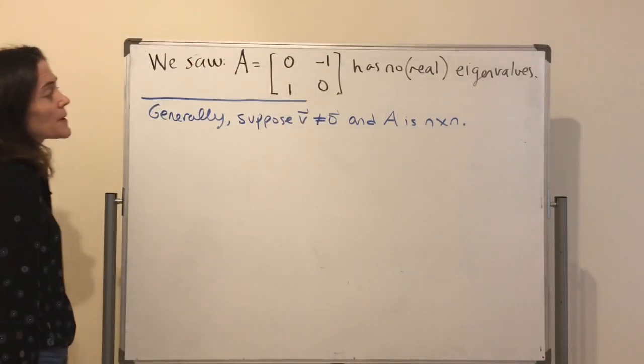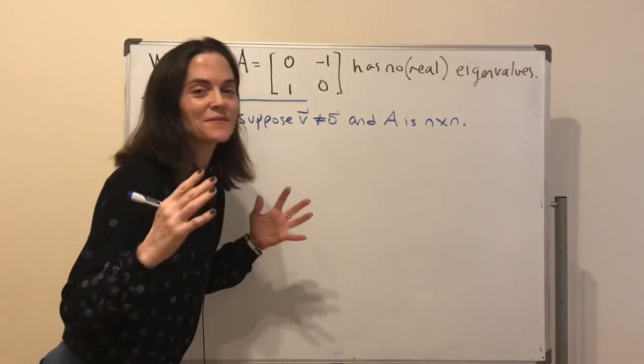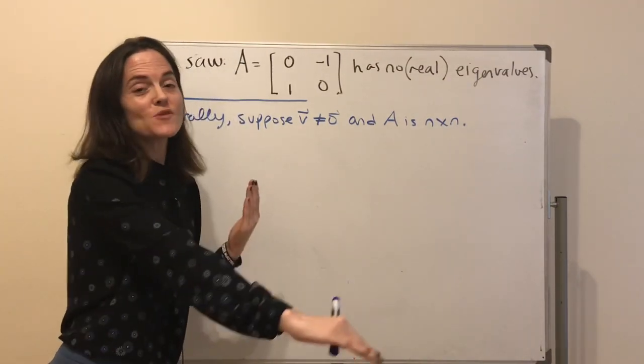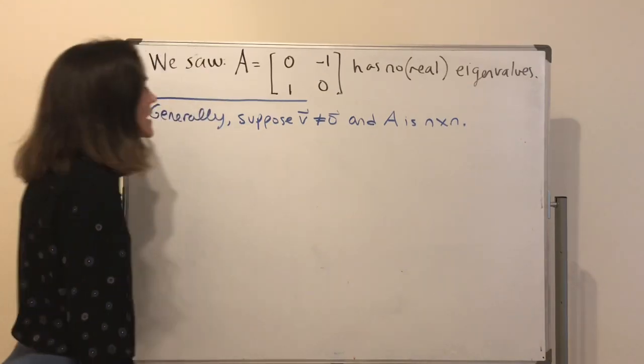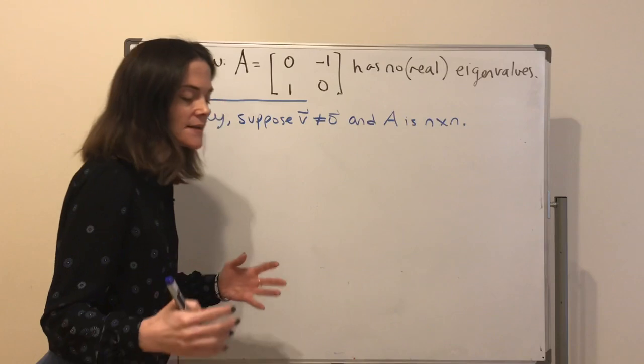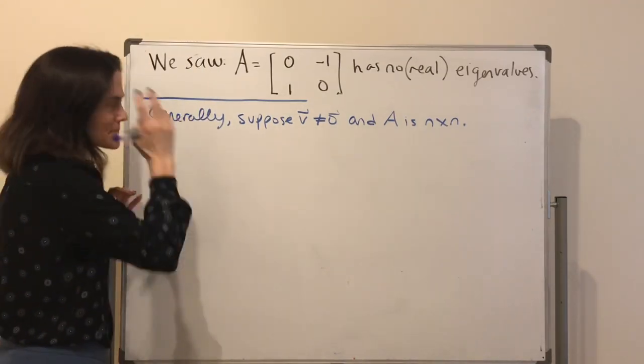But I want to think about this in the algebra of determinants, and this will move us into the next topic in the next video, which is how do you find eigenvalues? So let's think about something for the moment.